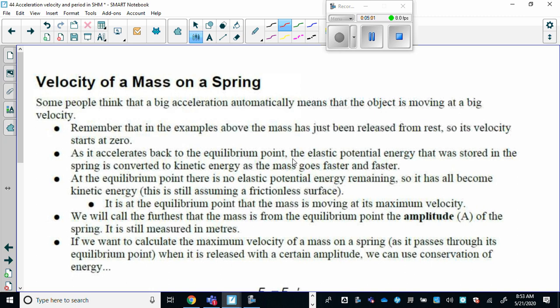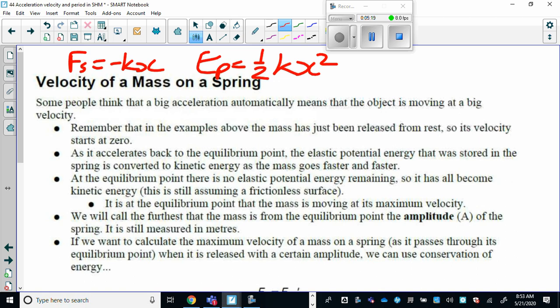So in addition to this formula that you already know, we're recalling another formula from the previous units, from the energy unit, and that is the formula for elastic potential energy.